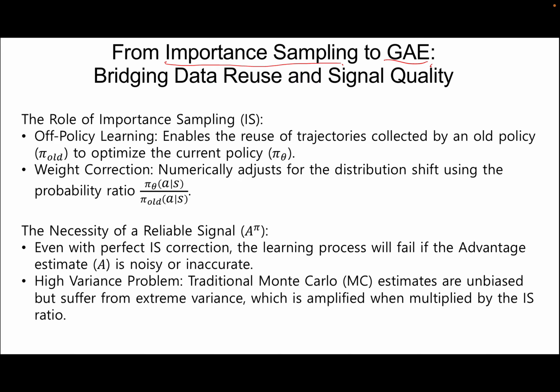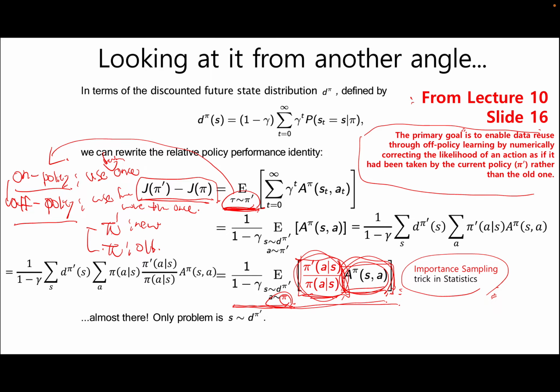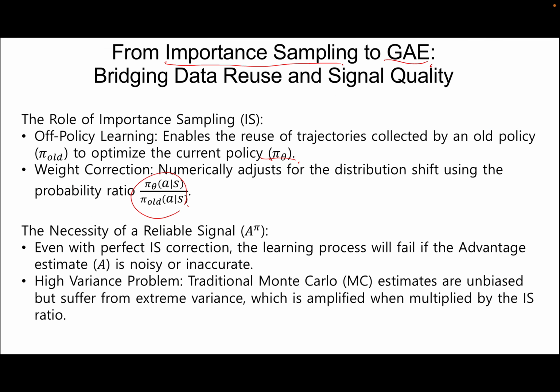The role of importance sampling, as I said, is to transition to off-policy learning for data reuse and data efficiency, enabling the reuse of trajectories collected by an old policy to optimize the current policy, with weight correction that numerically adjusts for the distribution shift using the probability ratio, right? This is consistent with this one. We introduce this additional term, the ratio between the new policy and the old policy, to numerically adjust for the distribution shift.